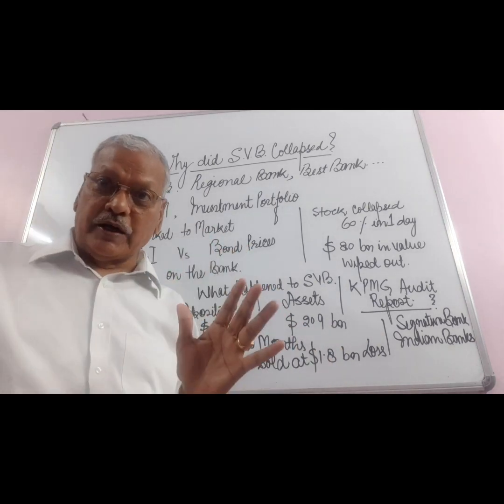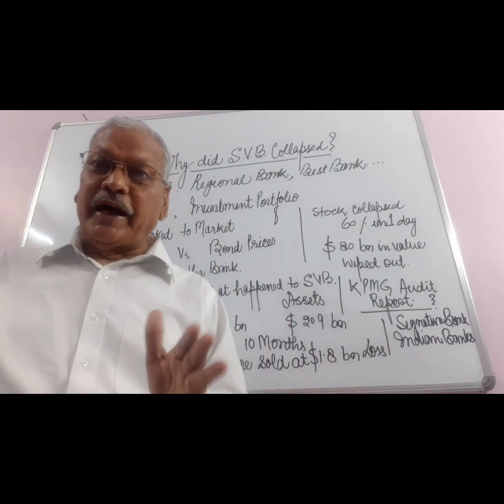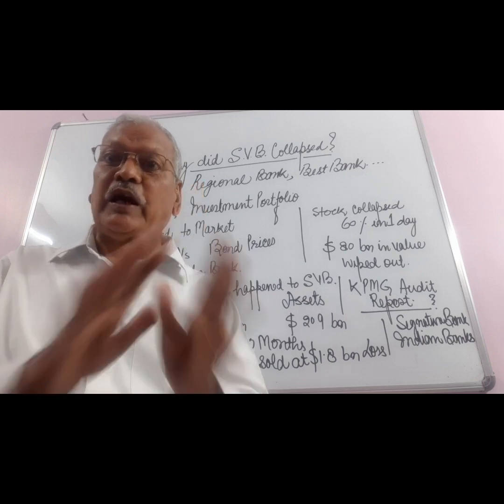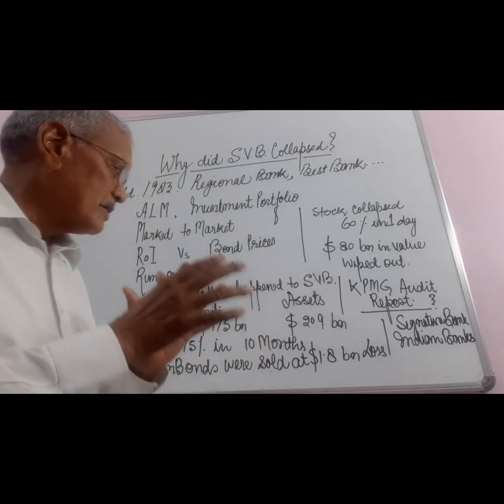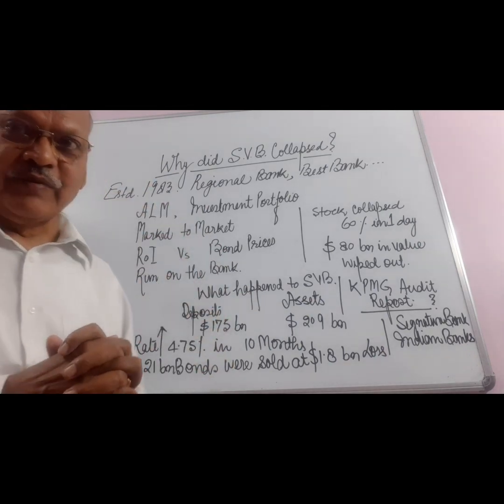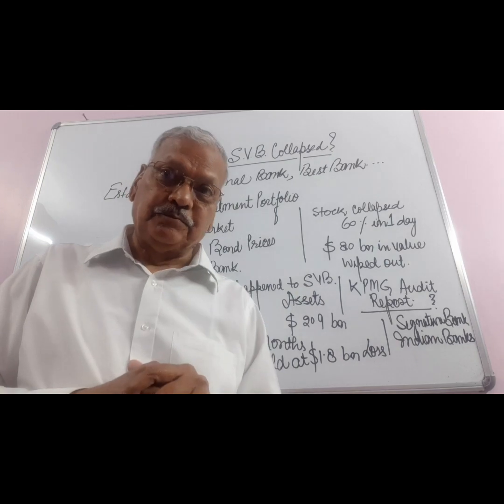So assets were far exceeding the deposits, and the bank should not have collapsed, but it has collapsed. So what went wrong? There are two very important things here.